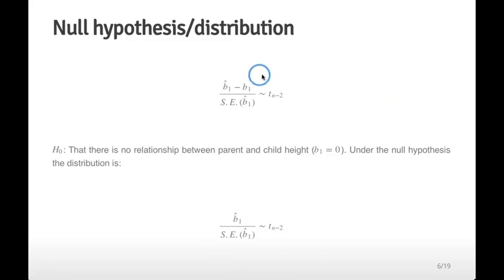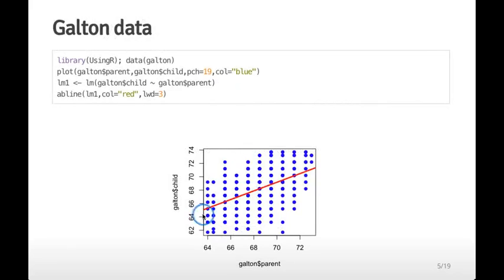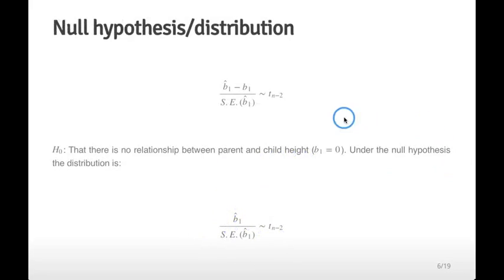Beta hat 1 is the slope term relating the mid-parent height to the child's height. If that slope was equal to 0, in other words, if this scatter plot had no trend in it, it was just sort of flat, you would imagine that there was no relationship between the two variables. So our null hypothesis is going to be that B1 is equal to 0 exactly.